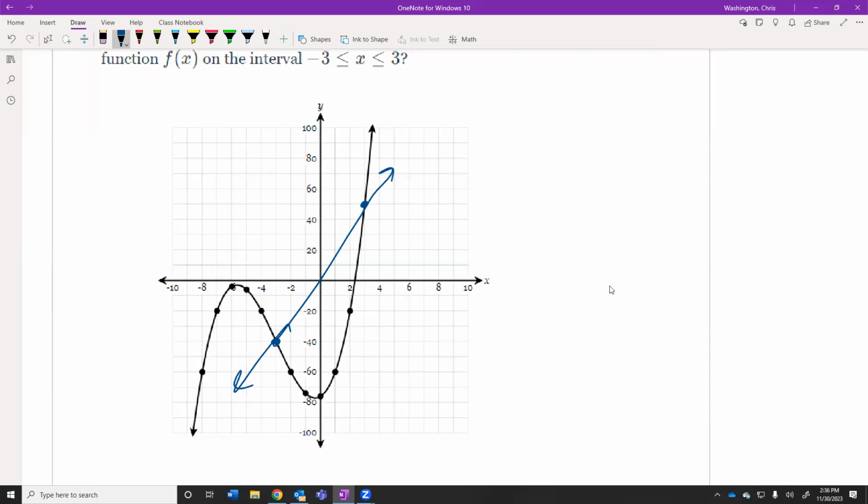We can say X1 is -3, X2 is +3. And if X1 is -3, what would Y1 be? We have to look at the graph to figure that out. That would be this point right here. And that ends up being -40 again. And Y2 would be this one over here on the right, which is actually 50 in this case.